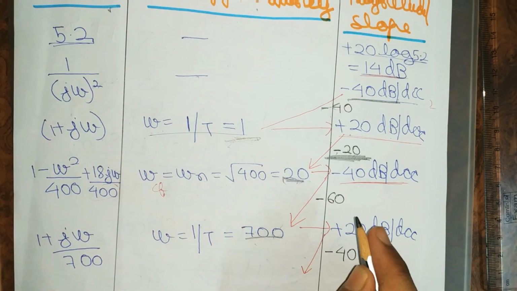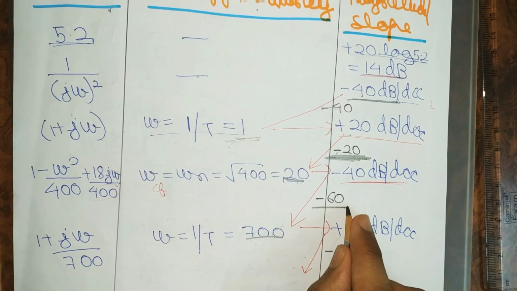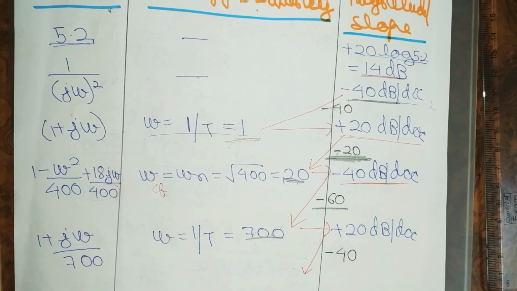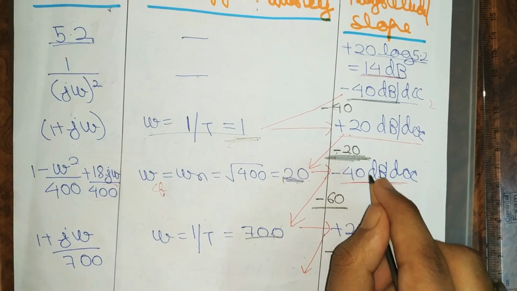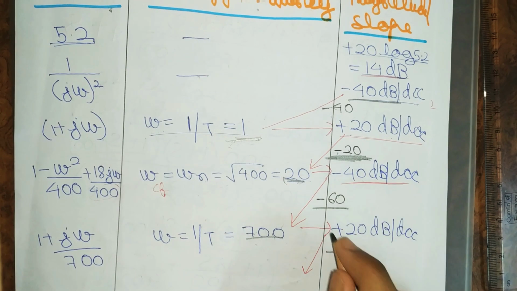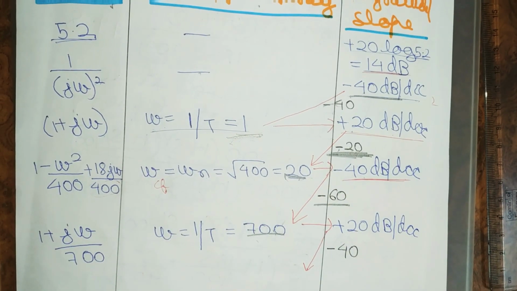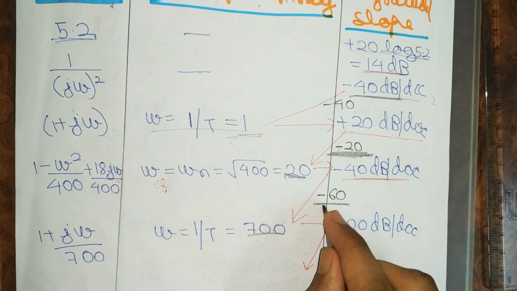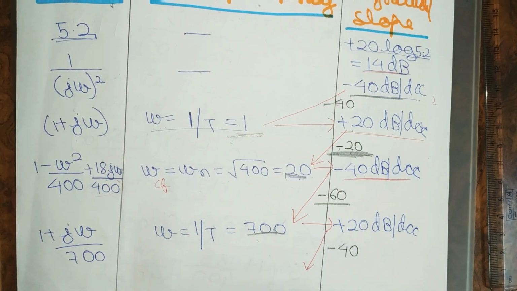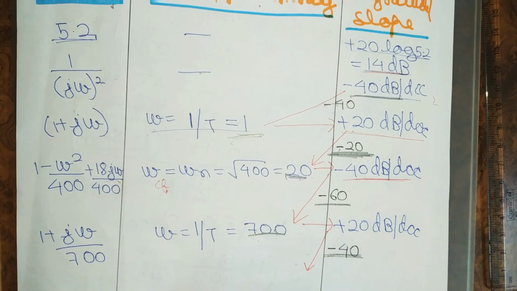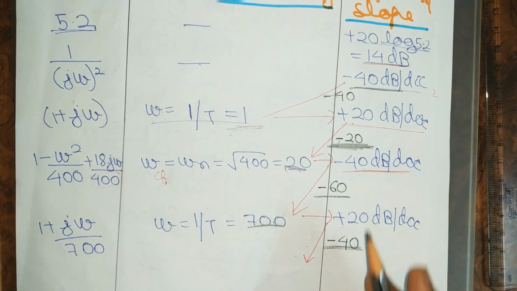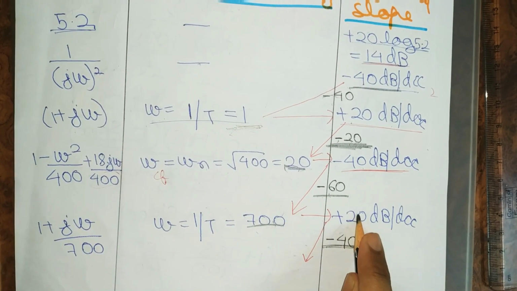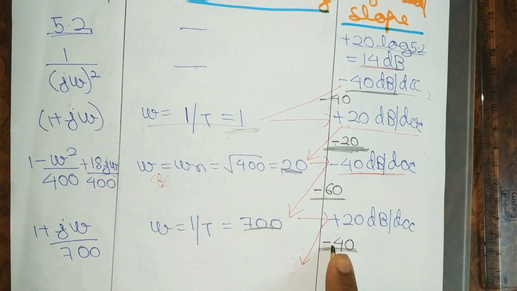From 20 you have to move at minus 60 dB/decade till 700, because minus 20 minus 40 becomes minus 60. And similarly from 700 you have to move at minus 40 dB/decade, because minus 60 plus 20 becomes minus 40 dB/decade.